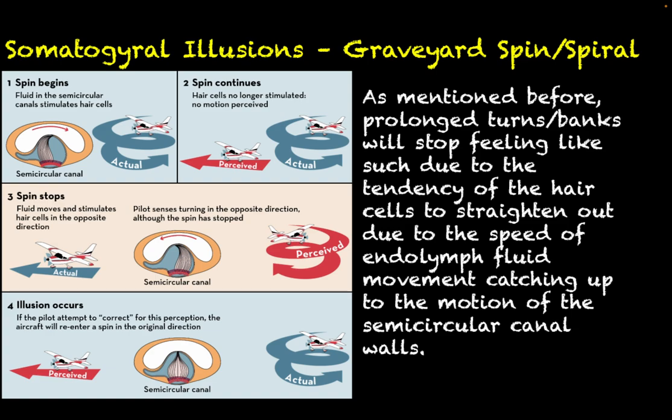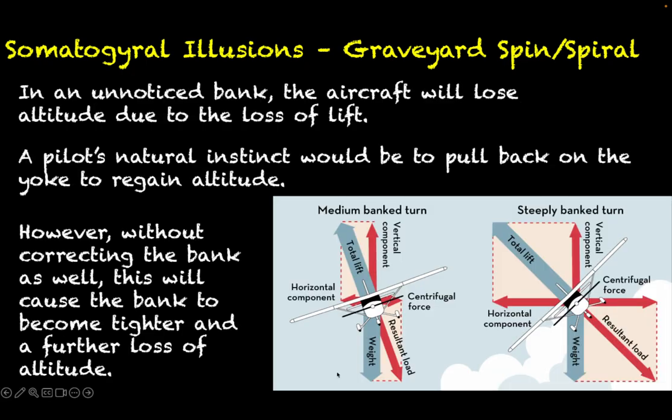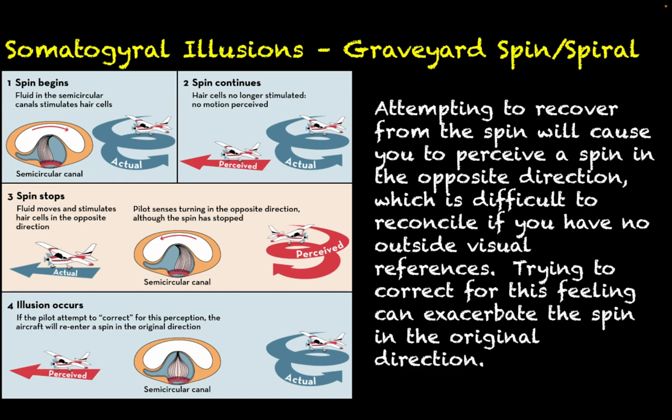But if you're just pulling back on the yoke to correct the altitude, but you're not also correcting the bank, this turn becomes tighter and tighter and tighter, and you can kind of get the idea of why this is called the graveyard spiral. So attempting to recover from the spin or the spiral will cause you to, again, perceive a spin in the opposite direction, which is difficult to reconcile if you have no outside visual references.